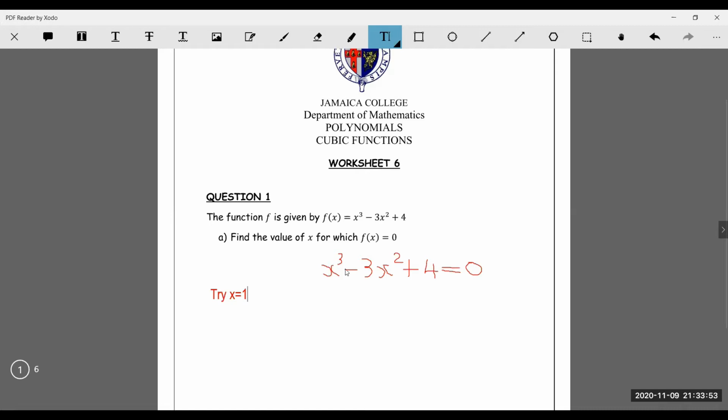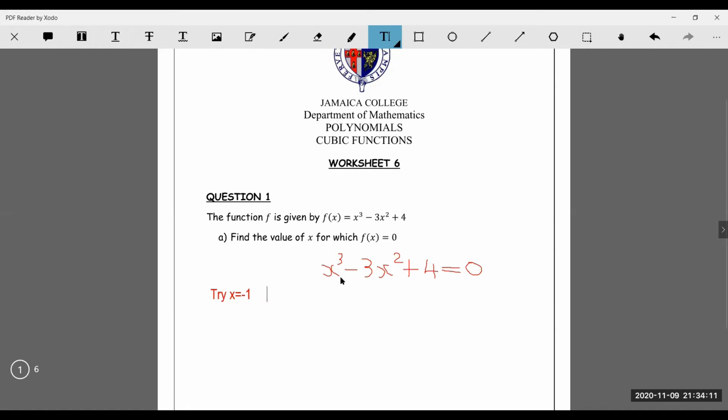If I start with 1 cubed minus 3 times 1 plus 4, that's not 0. So let's try negative 1. If I try negative 1, I'm getting negative 1 cubed minus 3 times negative 1 squared plus 4, and that's giving me 0.